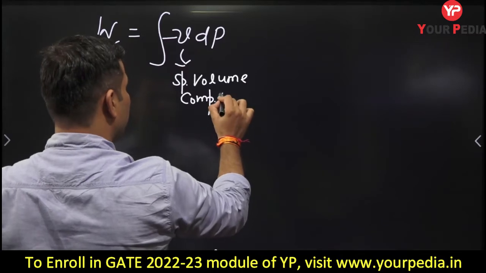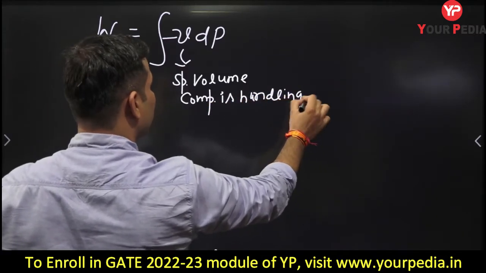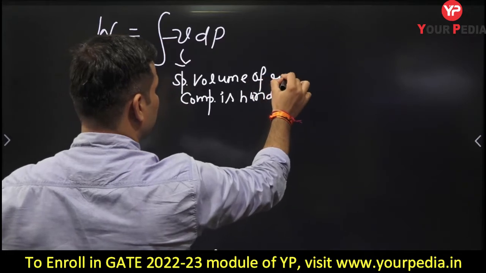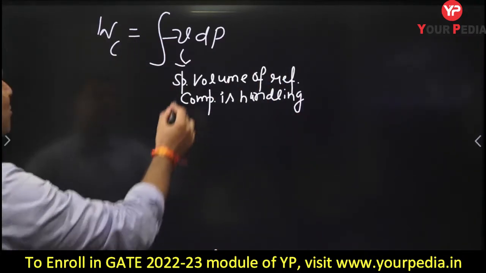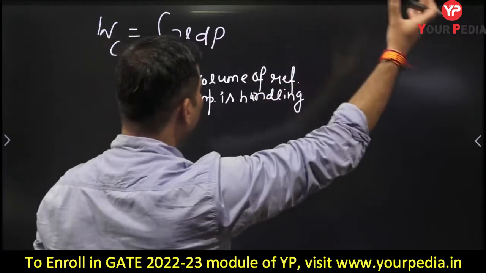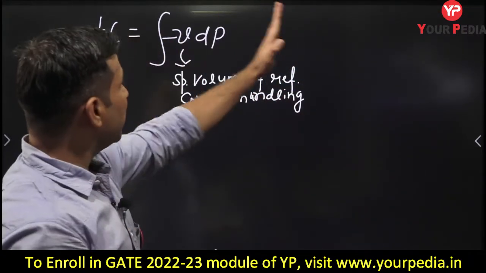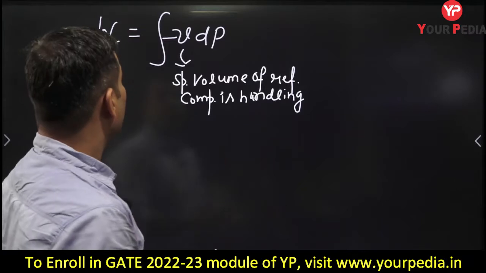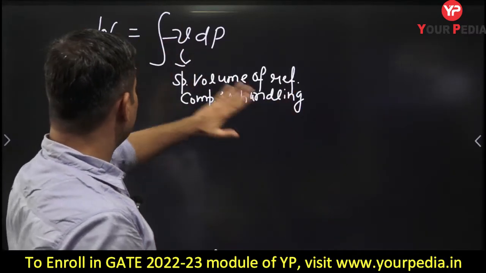Specific volume of what? Specific volume of refrigerant. This you can also write in terms of the PV expression, assuming ideal gas PV equal to nRT, then you will easily be able to write that expression.